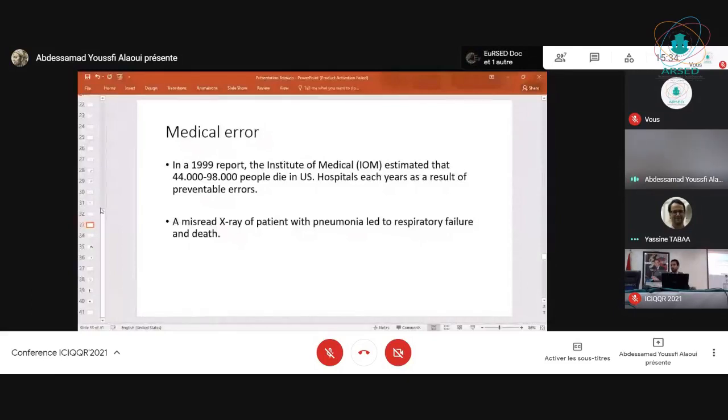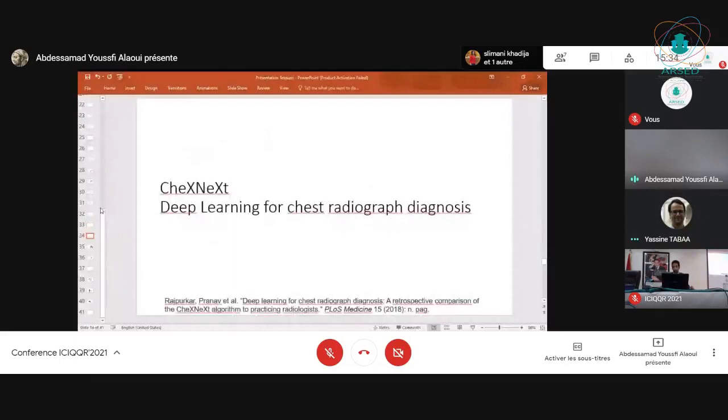It's a problem of human skills. So there is a solution that was developed in order to overcome this problem, or in order to improve the misreading of X-ray images.